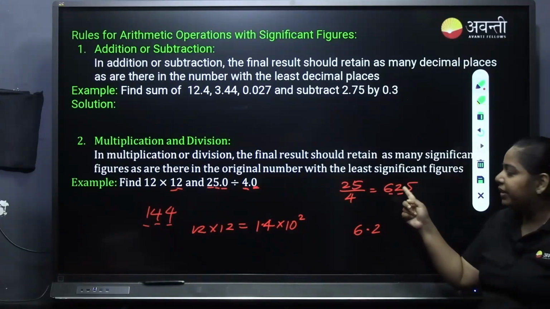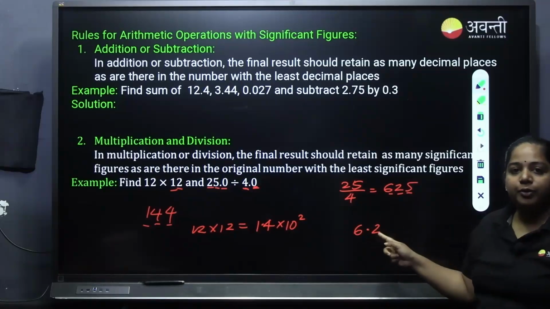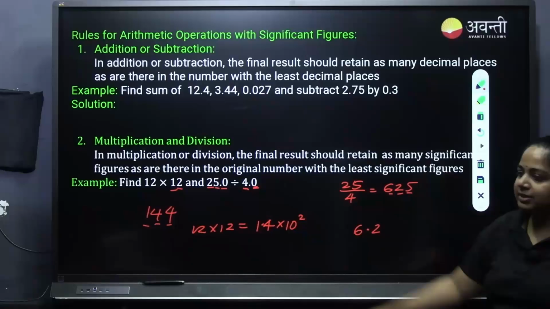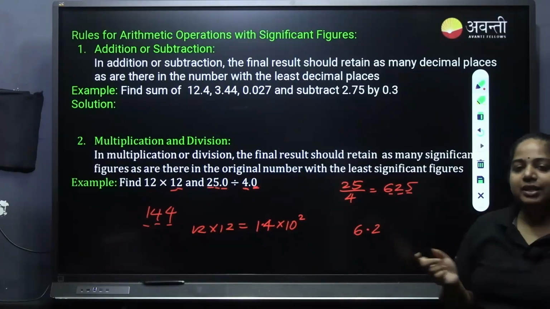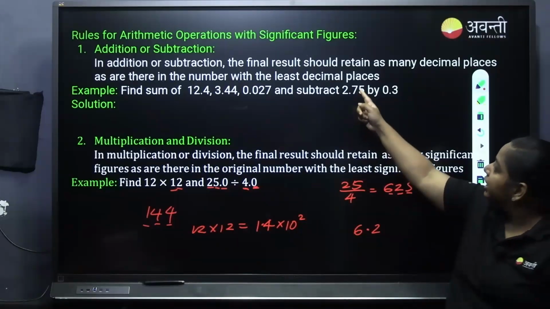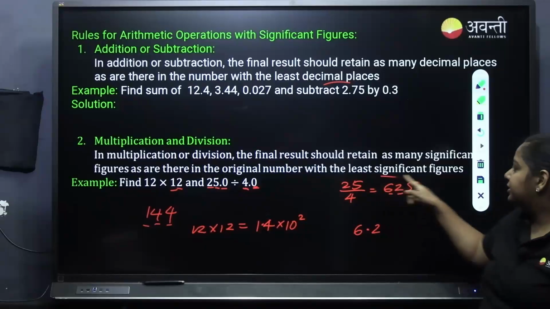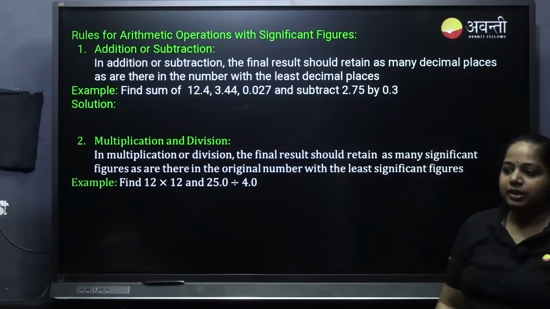When we are leaving the 5, we have to round off, but since the preceding digit is even, we don't have to add 1. So while doing this, we have to consider rounding off and significant digits. Addition and subtraction, least number of decimal places. Multiplication and division, least number of significant digits. Is that clear?